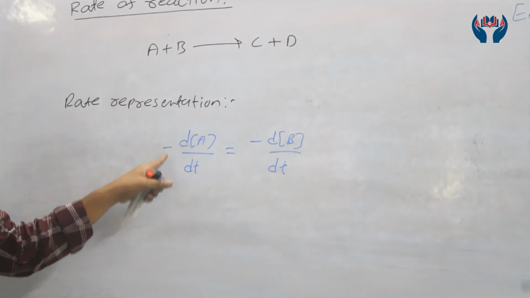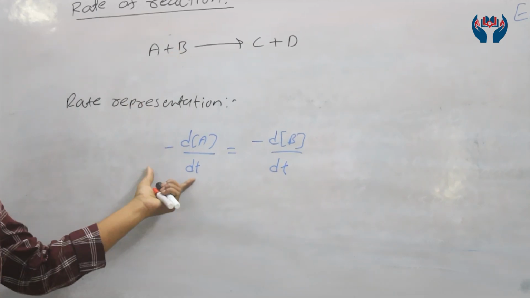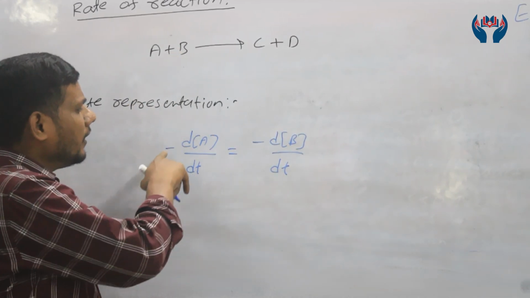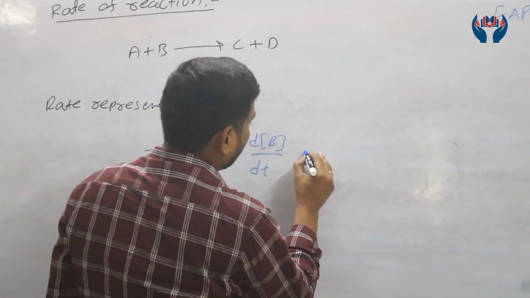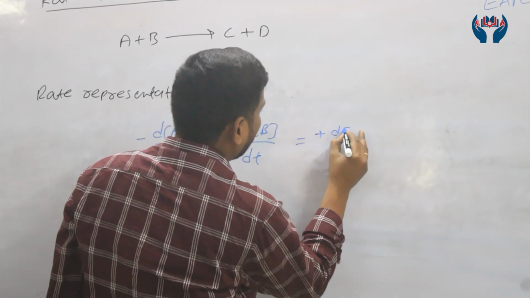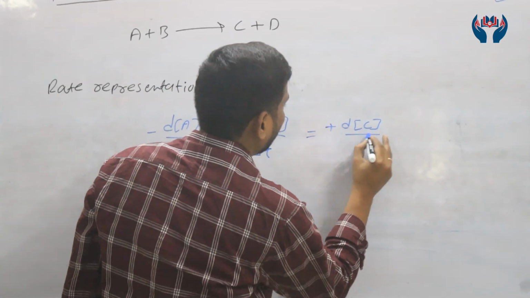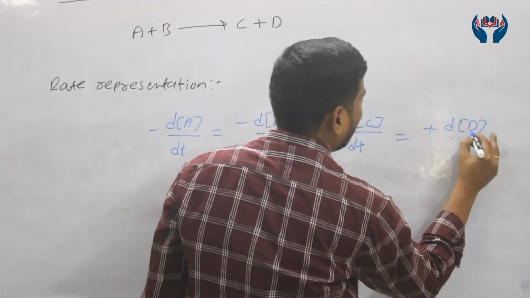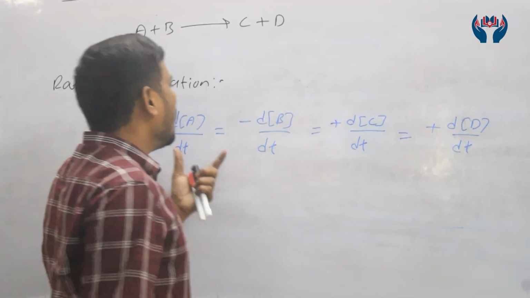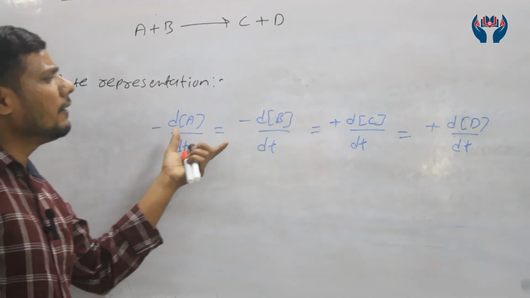Because A and B are reactants, the concentration of reactant decreases. That's why there is a negative term. And d of C by dt equals plus d of D by dt. These are all reactants and products at equilibrium.